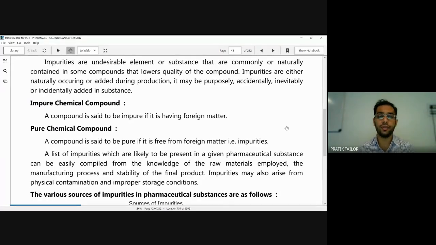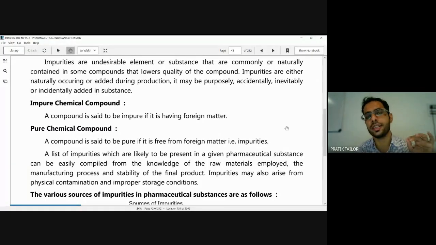A list of impurities which are likely to be present in the given pharmaceutical substance can be easily compiled from the knowledge of the raw material, manufacturing process, and the final product. For example, if you know the preparation of calcium carbonate, that you are adding sodium carbonate, you are adding calcium chloride, and you know that the byproduct generated along with the calcium carbonate is sodium chloride.